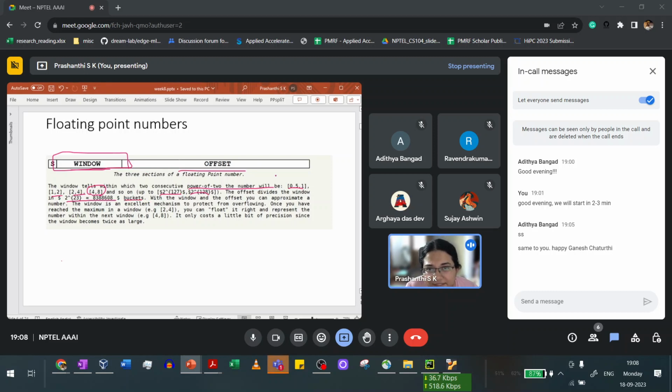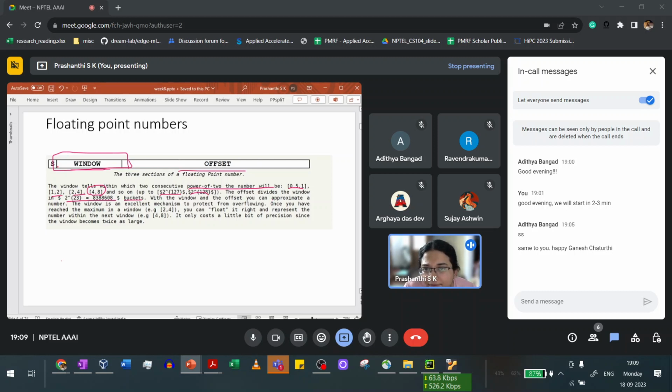Now using these two things, one tells you within which two powers of 2 the number lies. The second, the offset, tells you from the starting point of the window, what is the offset of the value that you are trying to represent. Using these two, you can approximate a number. Given that you have only a certain number of buckets, there are certain numbers you can't exactly represent. That's why we are talking about approximating a number.